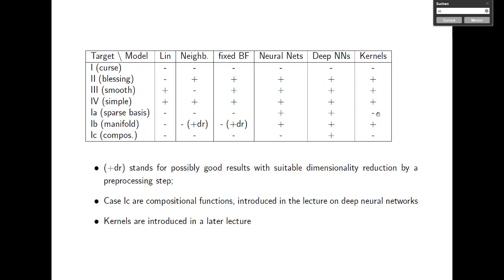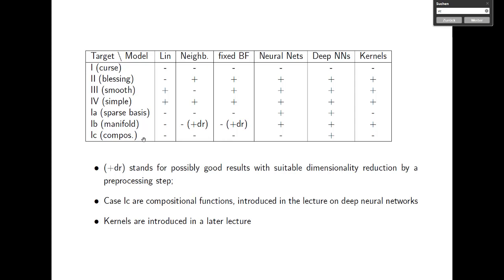Kernels cannot really do it. 1b was the data is on a manifold. Linear methods cannot exploit it. Neighborhood methods cannot really exploit it unless you do some pre-processing, same as fixed basis functions. But neural networks work very well, deep neural networks work very well, and also kernels work very well.